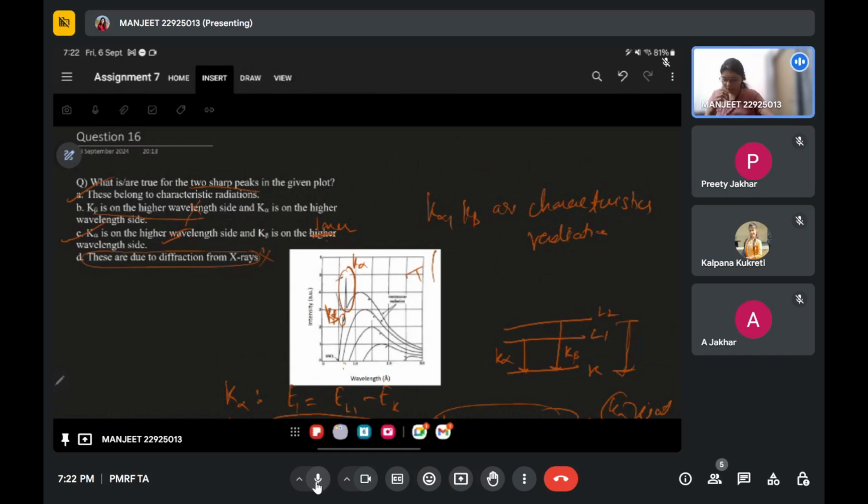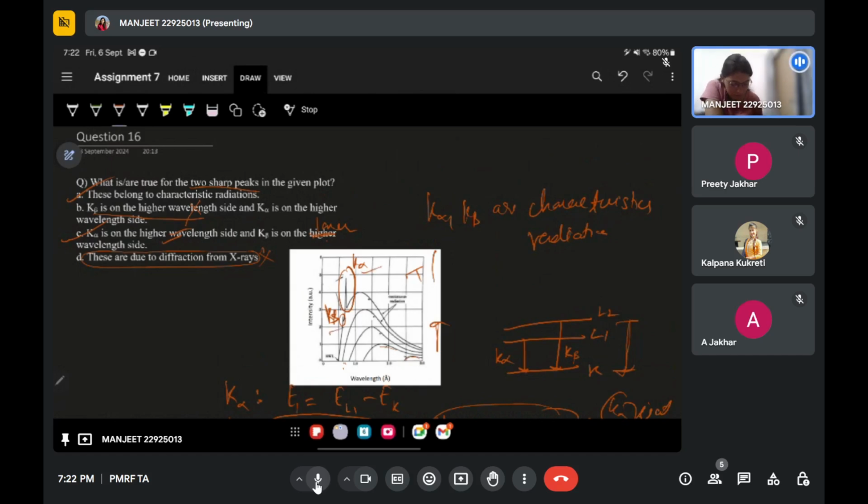Sorry for the inconvenience. So as the voltage increases, we get the characteristic peaks; otherwise, for lower voltage, we get the continuous X-ray spectrum. But if we increase the voltage, then we get the characteristic peaks, that is the K alpha and the K beta.